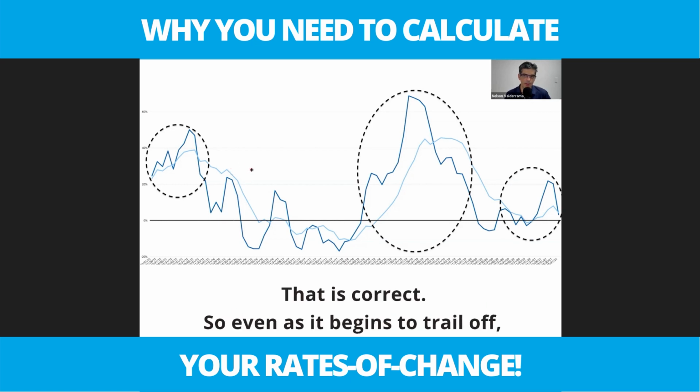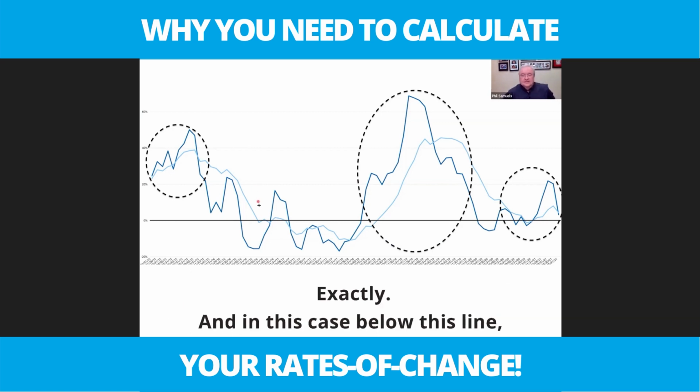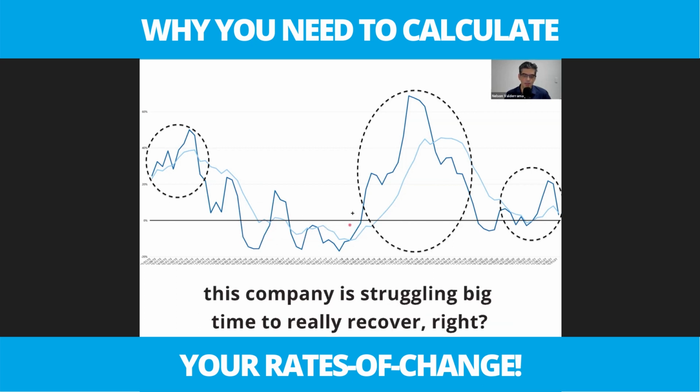That is correct. So even as it begins to trail off, it just means it's a slowing rate of growth rather than an actual decline. Exactly. And below this line, in the months from 2016 to 2018, this company is struggling big time to really recover.